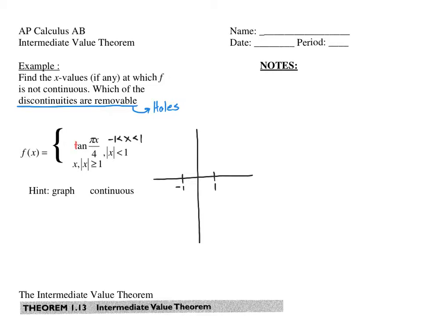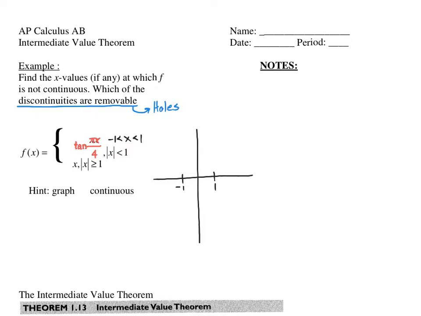So if I plug in a -1 here for tangent of pi x over 4, so -1 pi over 4, or negative pi over 4, what is the tangent of negative pi over 4? -1.